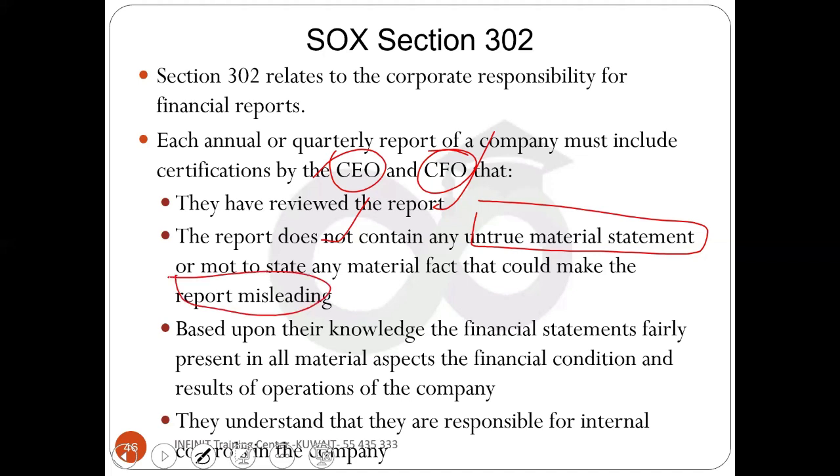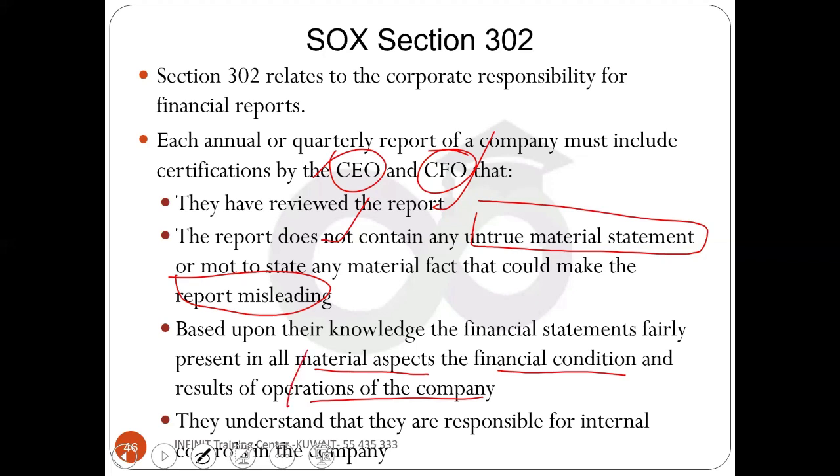Nothing like that is there. And also, based upon their knowledge, the financial statements fairly represent, in all material aspects, the financial condition and results of operations of the company. So they have to mention that whatever financial statements are presented are fairly reported.